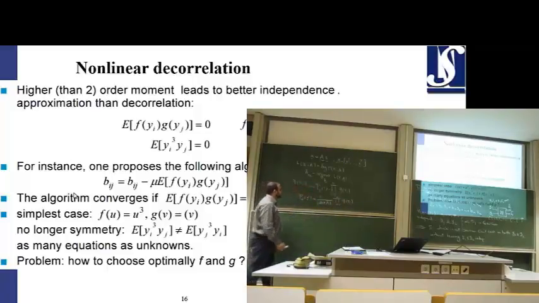Here is the determinant of the matrix A, and this is the product of the PDFs. You probably know that from probability theory. What we are looking for is W, which is A inverse. This is what we are looking for.